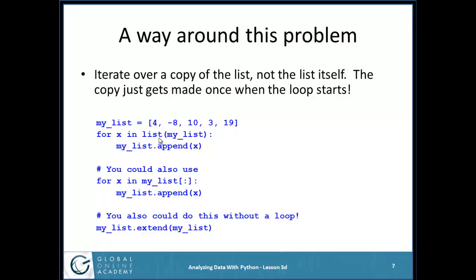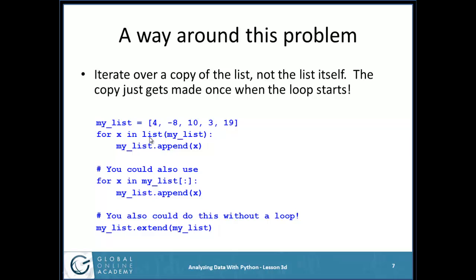And that new copy, which has 5 elements in it and will never get more, is what you're iterating over. Then you can go my_list.append(x), and my_list will get bigger. It'll add a 4 at the end, a -8, a 10, a 3, and a 19. But this copy of the list that you're iterating over didn't get those things added to it, so your loop will end as you wanted after 5 iterations.